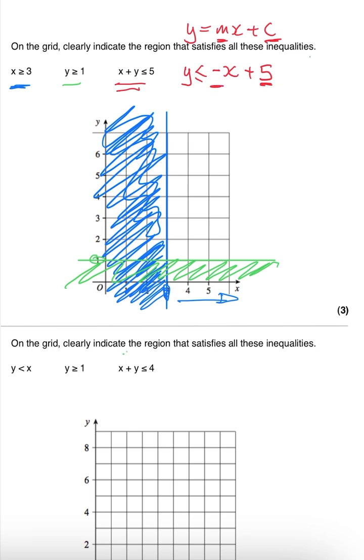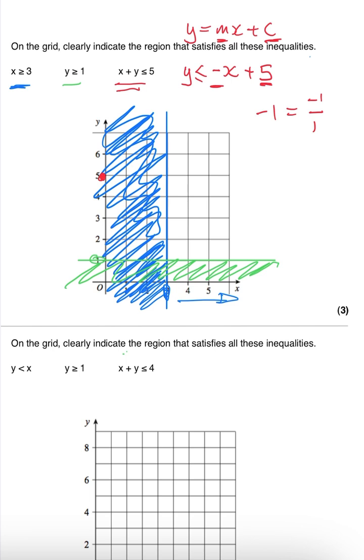So the first thing to do with these, I find, is the easiest, is to find the y-intercept. Y-intercept is 5, so we just find y on the y-axis, and our gradient is negative 1. If negative 1 is our gradient, that is the same as negative 1 over 1.